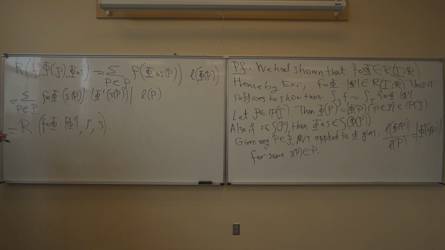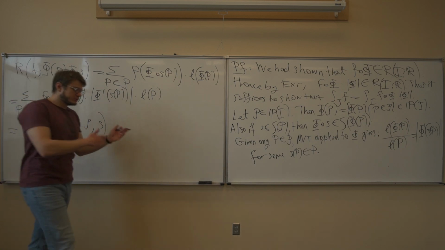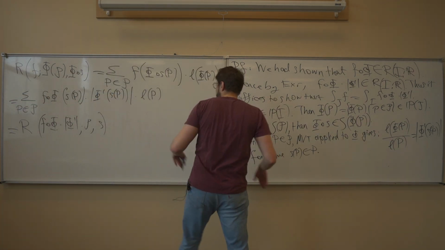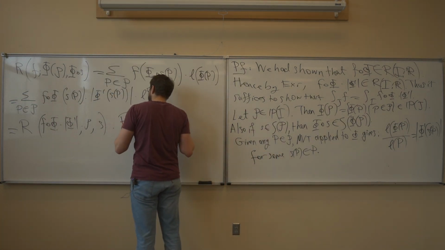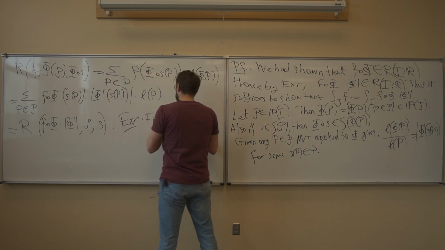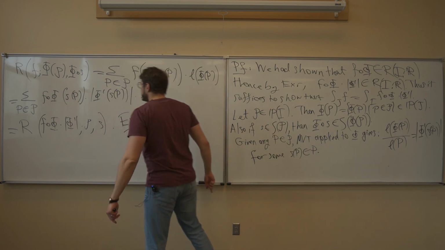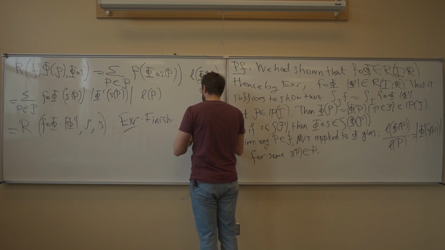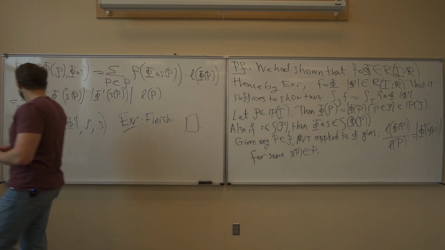But then this gives you a comparison between this guy and this guy, and then you can switch over to lower and upper Darboux sums, blah, blah, blah. Let me not finish this. I'm going to leave it to you as an exercise. This shows that the integrals have to be the same. Okay.